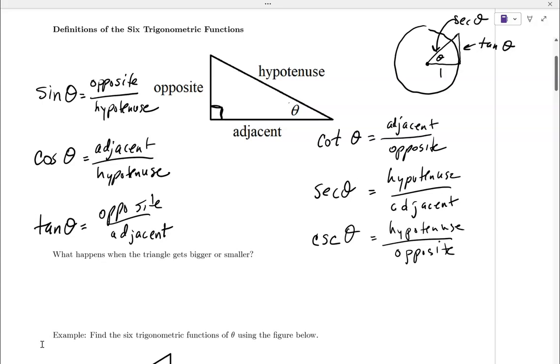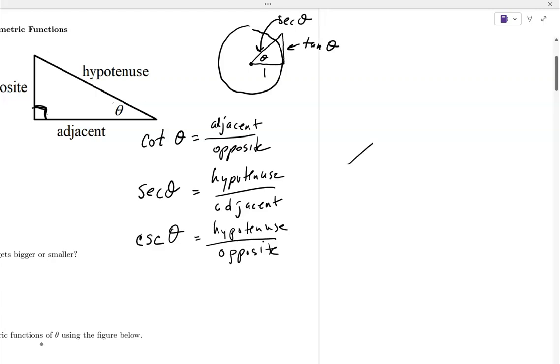Well, remember back from geometry, if I keep the two angles the same, the triangle is similar. We have similar triangles no matter what. I can make it bigger and smaller, but if I keep this angle being a right angle and that being the same theta, I get a similar right triangle.